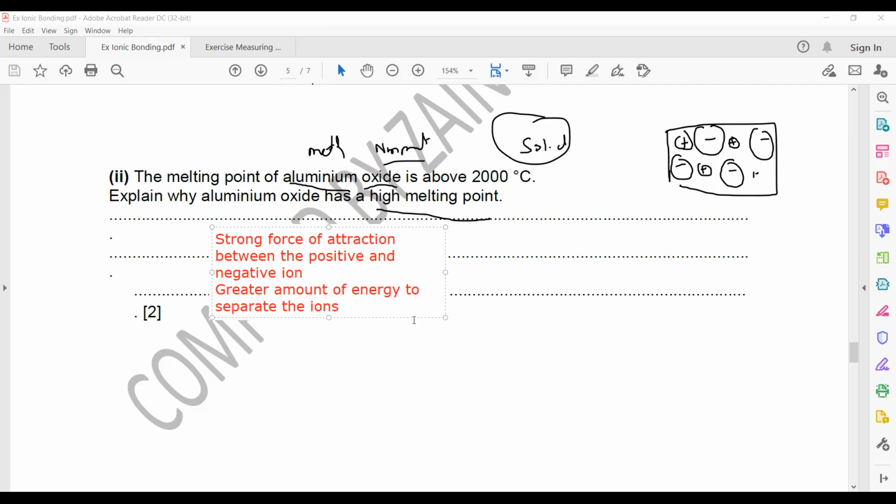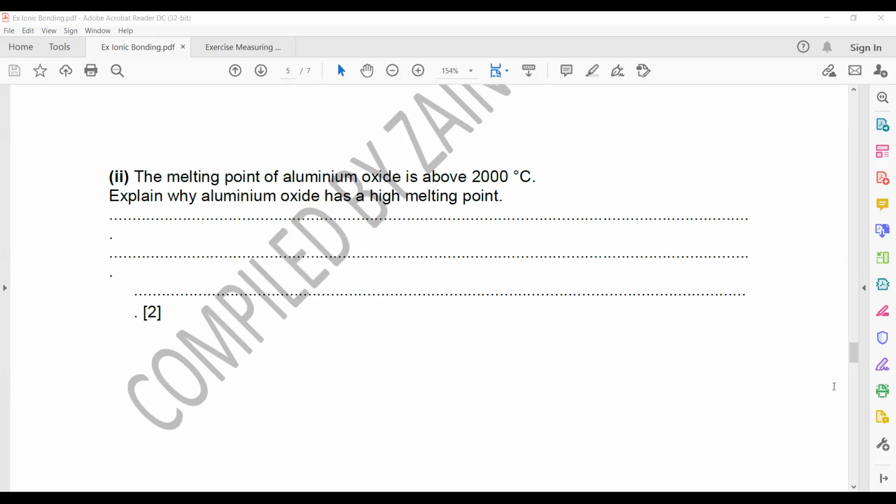So all these ionic compounds have a high melting point. Yes, aluminum oxide is a solid at room temperature. All ionic compounds are solid at room temperature. Yes, if there is a greater charge, it will have a high melting point. That's true, Simon. Is this question clear, why aluminum oxide has a high melting point?